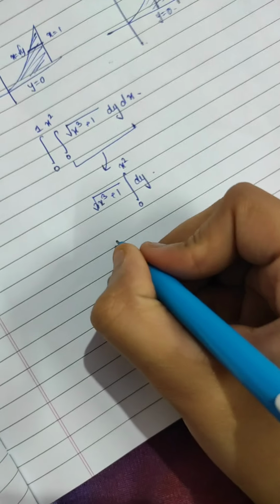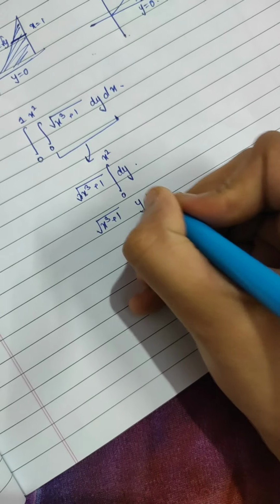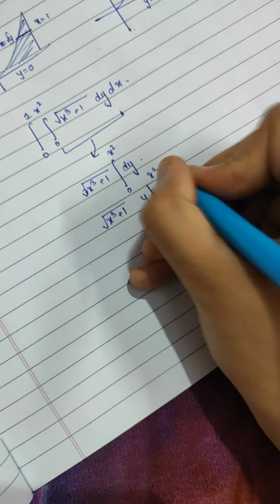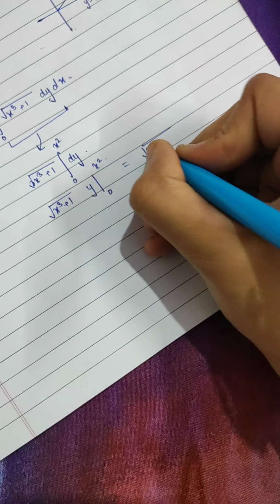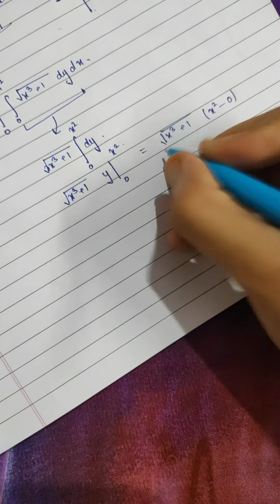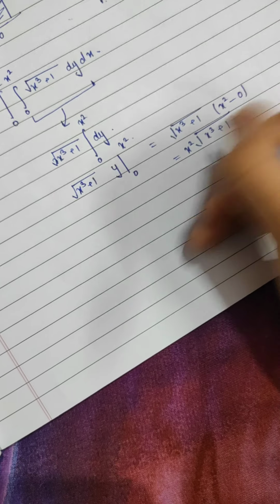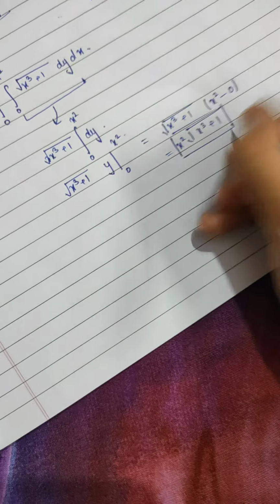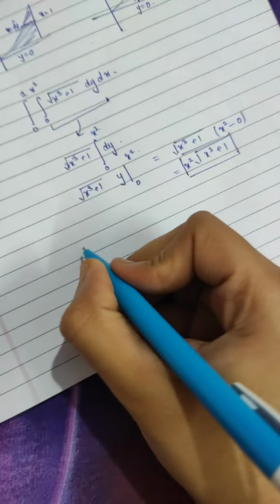Now what will it turn out to? This will be the same, minus 0, root x cube plus 1. This would be the solution after the first integration.